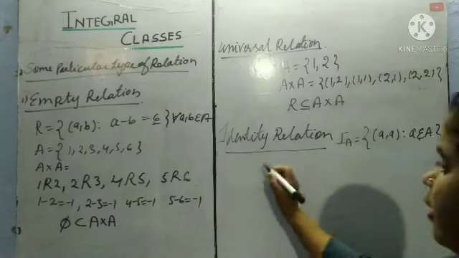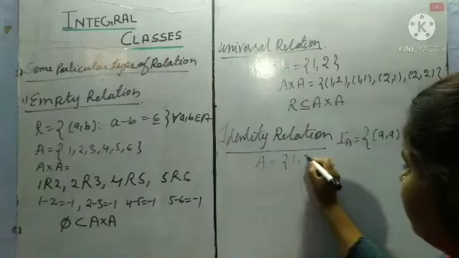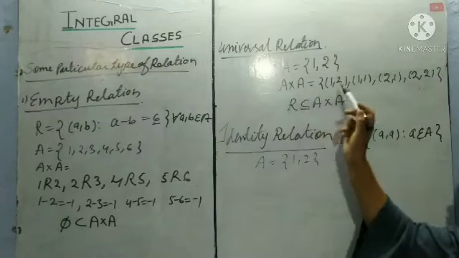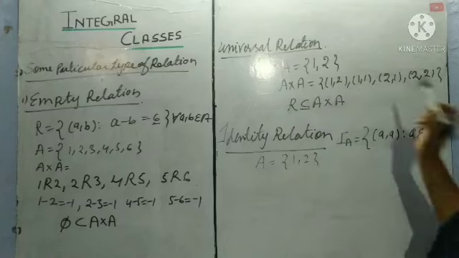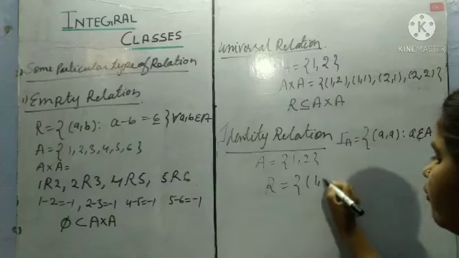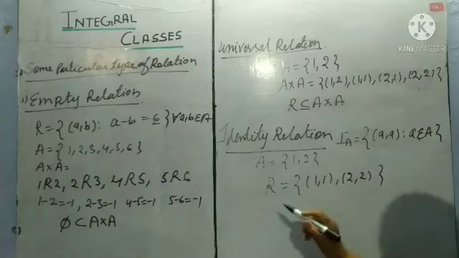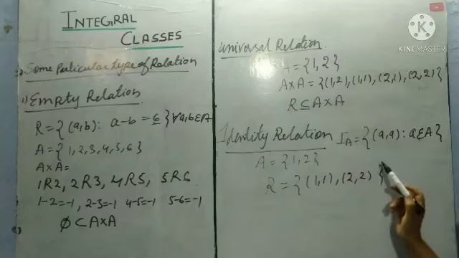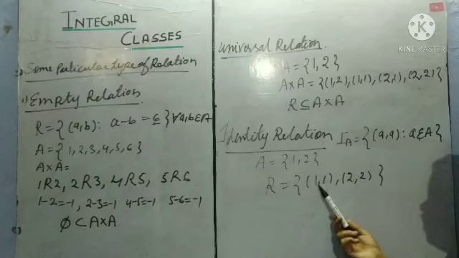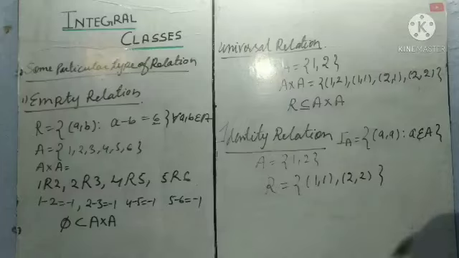For example, if we take A equal to 1, 2, the Cartesian product A into A is (1, 1), (1, 2), (2, 1), (2, 2). The relation here represents (1, 1) and (2, 2). So these are the identity relation. It means each pair has only the same element in a pairing.